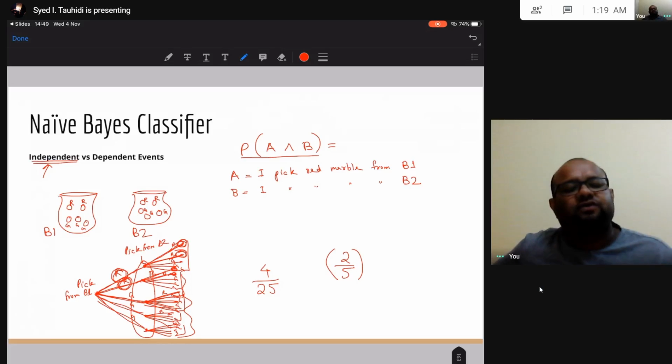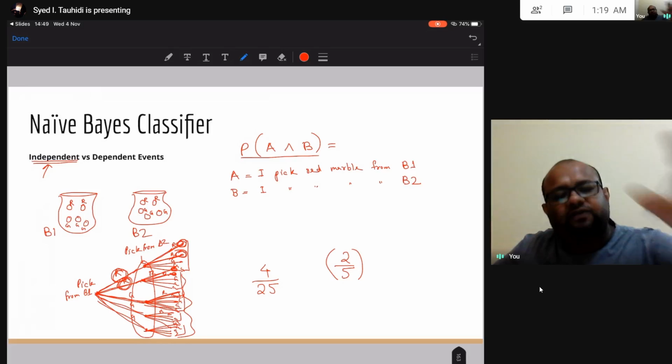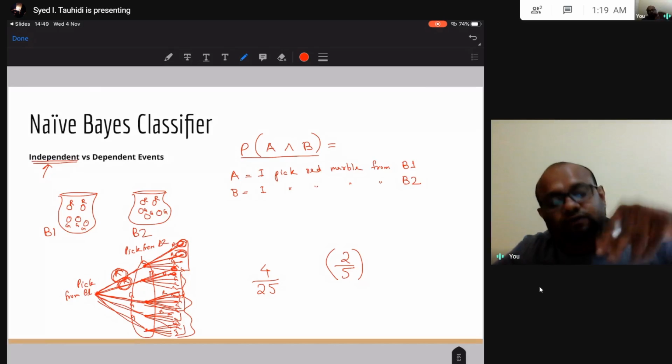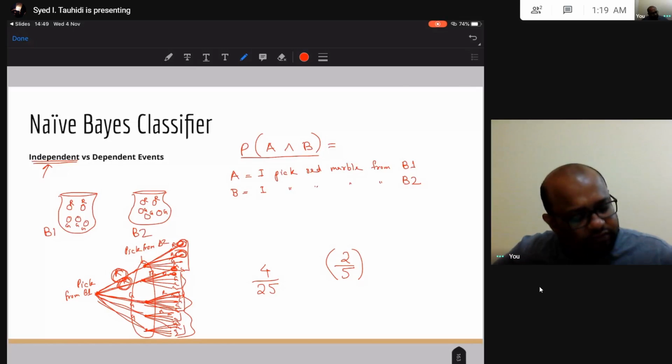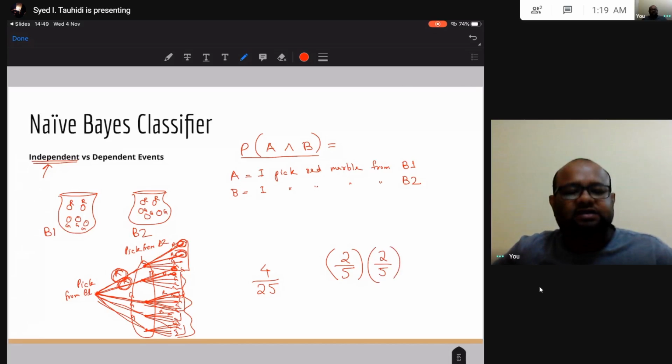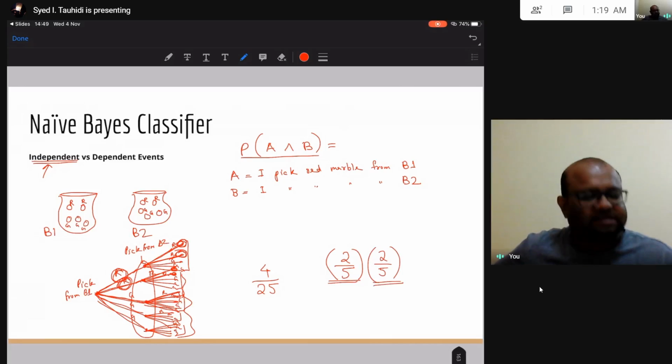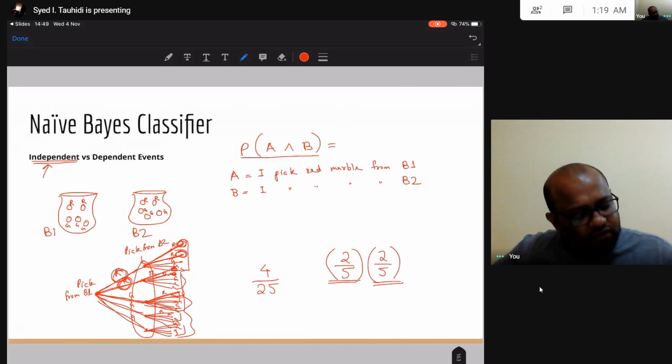Out of this 5, 2 were of my interest. Now after these 2, I am going to have 5 events each for each of these 2, and out of those 5 also, I have 2 events which are of my interest, right? So for each of these 2 events in bag 1, I have 2 events in bag 2 that are of my interest, and I multiply them, I get 4 out of 25.